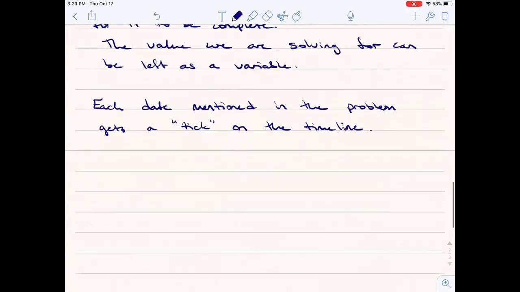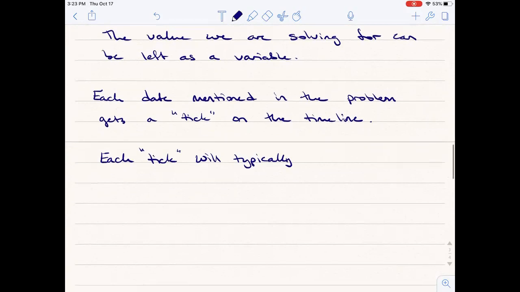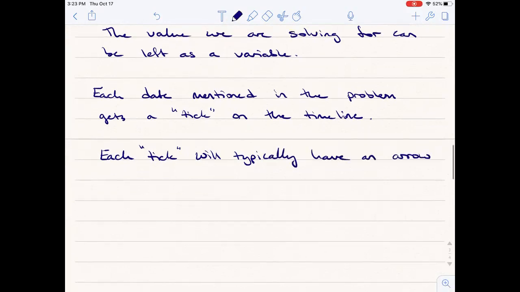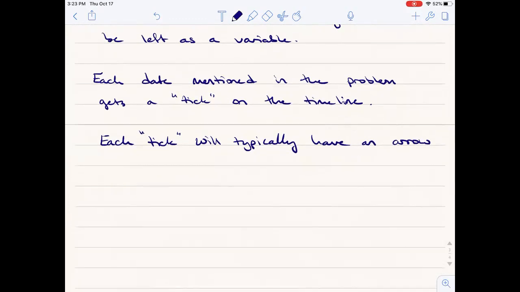Right. So each tick will typically, there are rare cases where the money doesn't move, will typically have an arrow going from or to it, depending on the scenario.